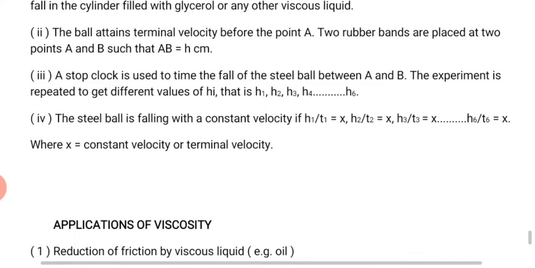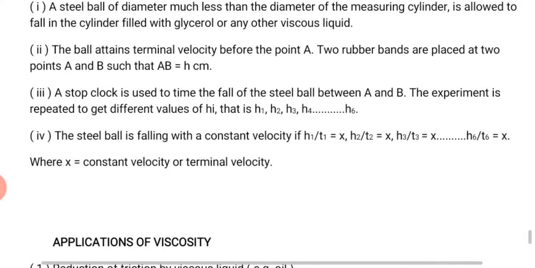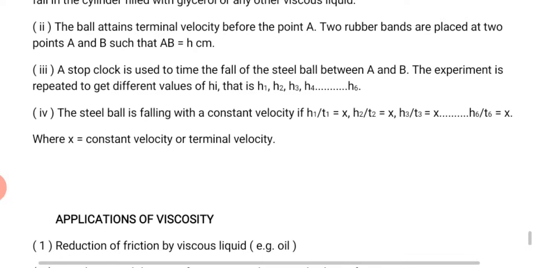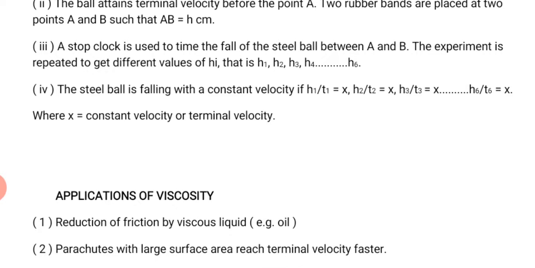The ball attains terminal velocity before the point A. Two rubber bands are placed at two points A and B such that AB is 8 centimeters. A stop clock is used to time the fall of the steel ball between A and B. The experiment is repeated to get different values of height, that is H1, H2, H3, H4, and H5.